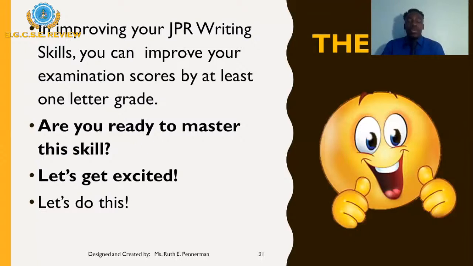And your opposing view will be the other part that has the lesser points. So if you're preparing to write a JPR and you realize, oh, I have 4 points as to why I disagree and 2 points as to why I agree, of course, you're going to go with the reasons why you disagree, develop them fully, and then give the opposing view.